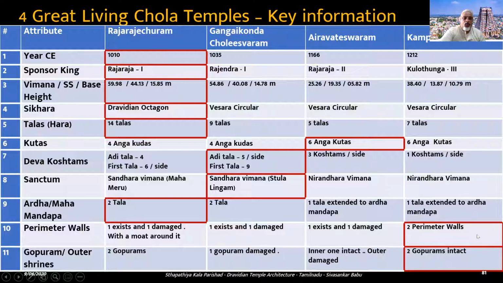All of them have very good perimeter walls, and for the first 2 temples, the second perimeter wall has been damaged. And Gopuram also, this has got 2 Gopurams, while for the other, 2 Gopurams are there, and 2 are damaged. And Kampahareswara has got all the 2 Gopurams in fact. And this is the point where your Gopurams and Vimanas are becoming almost equal.